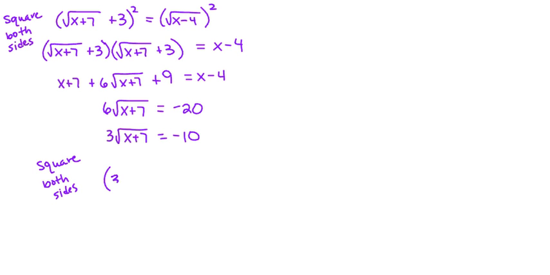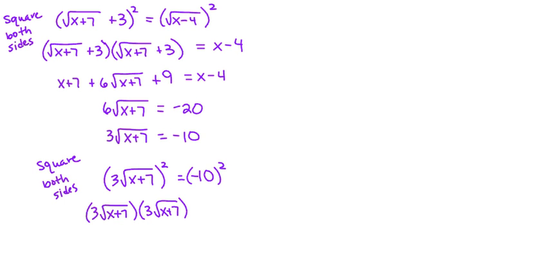So we're squaring the left, squaring the right. This here is not a situation involving foiling because this is not 3 plus something or 3 minus something. It's just 3 times something. You can still write it out if you would like. Over here, when we square negative 10, we're going to get 100.